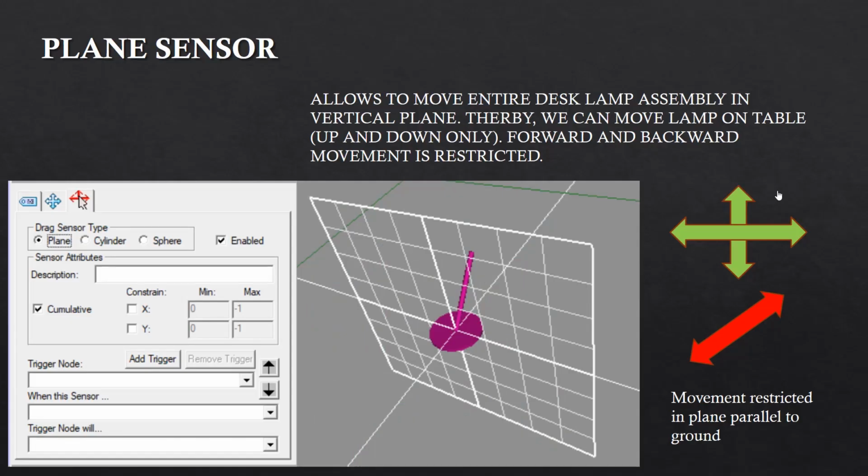Now there will be a plane sensor. A plane sensor is applicable to the entire assembly. So it allows the entire assembly to move in a particular plane, but in another plane, meaning the ground plane, the movement will be totally restricted. Now this allows us to move the desk lamp to various heights in the vertical plane, but it restricts the movement of the desk lamp on the top of the table.